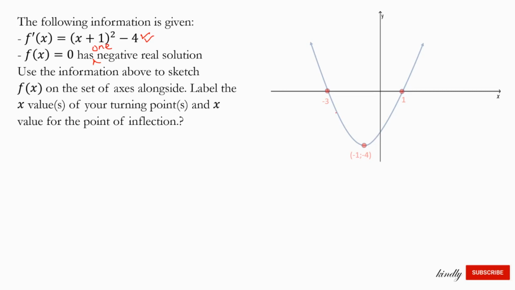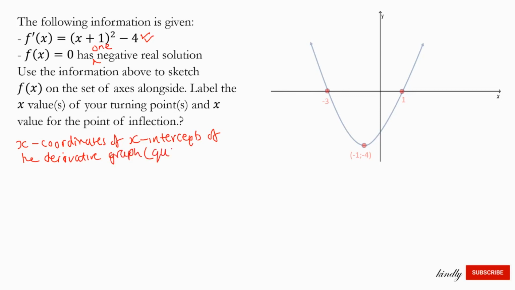Let me write it down. We are moving from the derivative graph to the cubic graph. So let me write: x-coordinates of x-intercepts of the derivative graph, which in this case is quadratic.